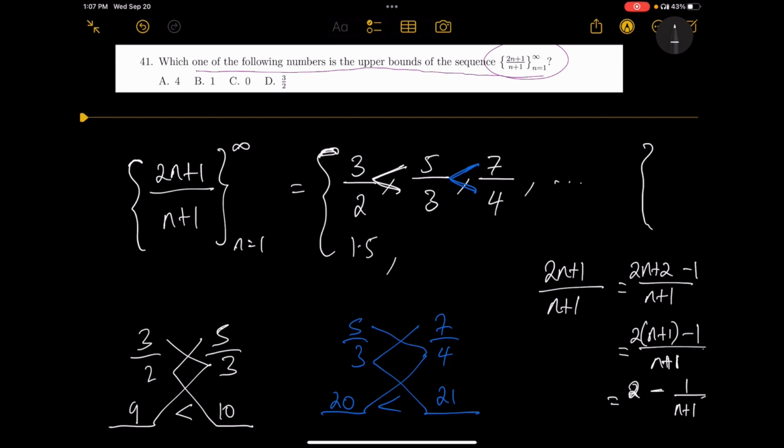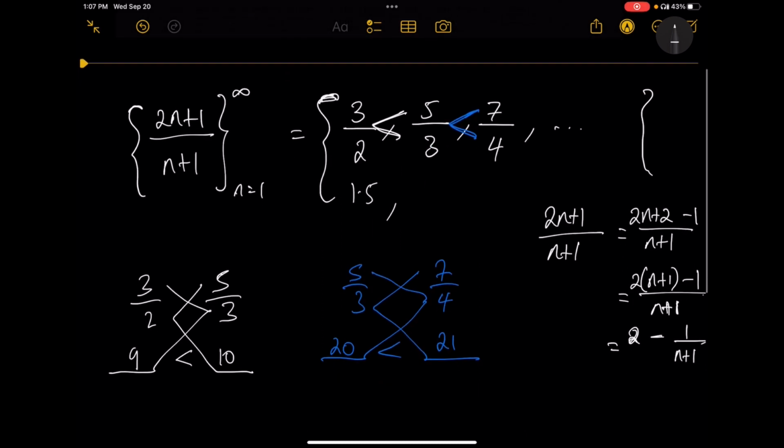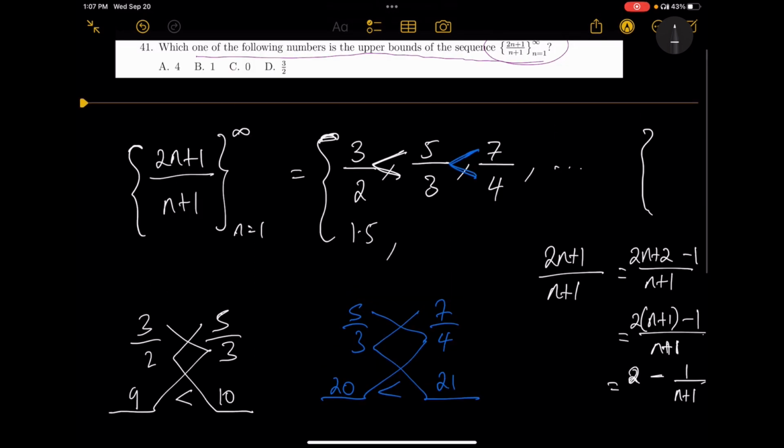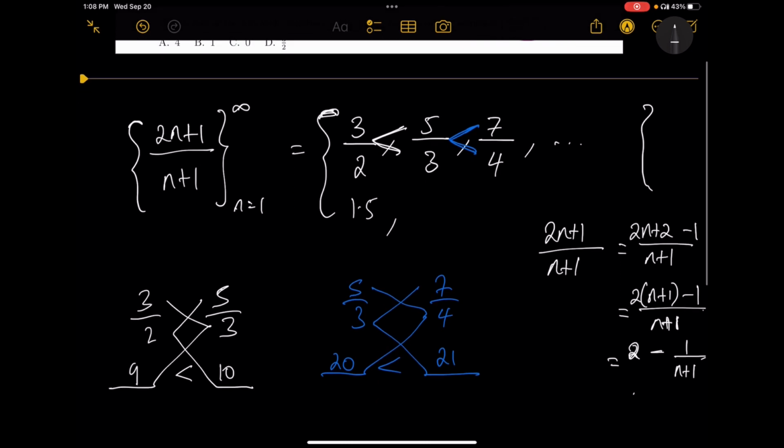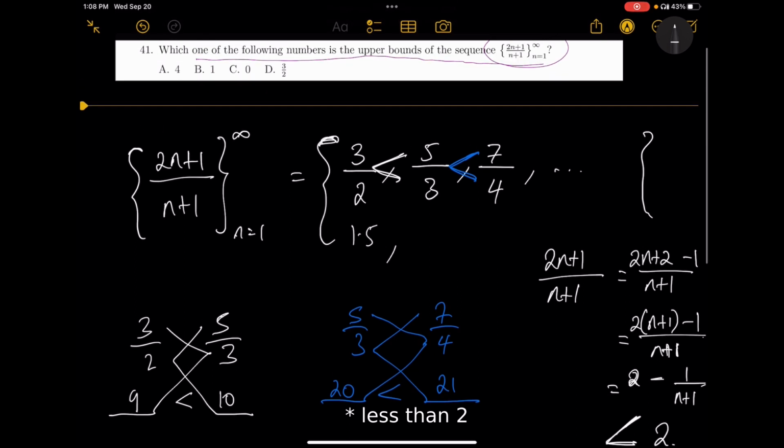It starts at 1.5 and increases toward 2. To reach 2, 1 over (n plus 1) would have to be 0, but it is always greater than 0. Therefore it is bounded from above, and it is strictly less than 2, always greater than 1.5.